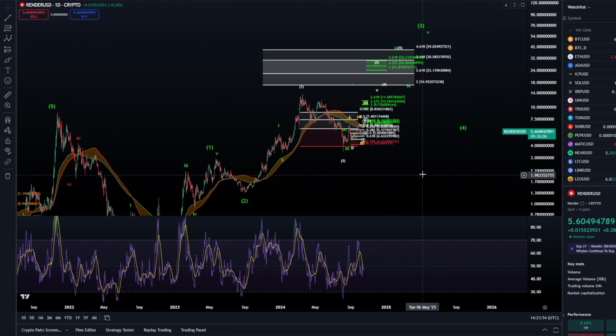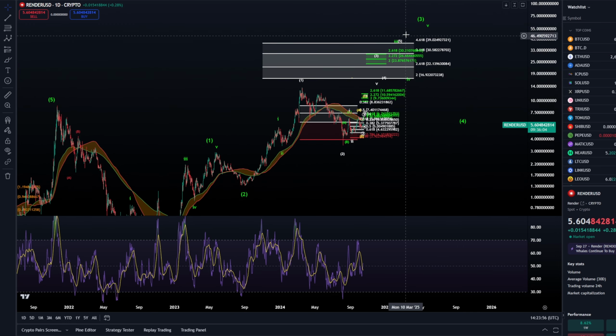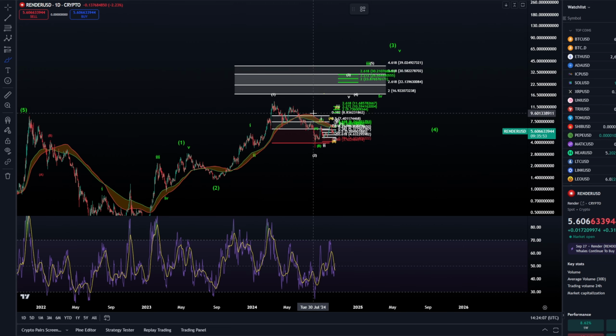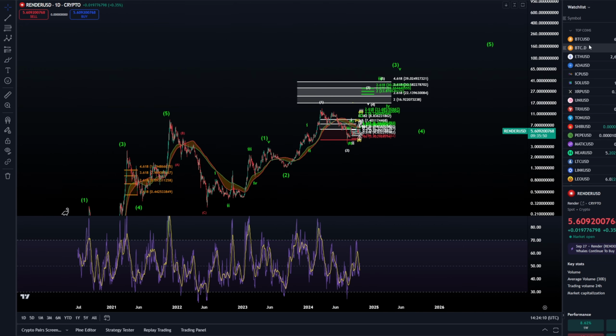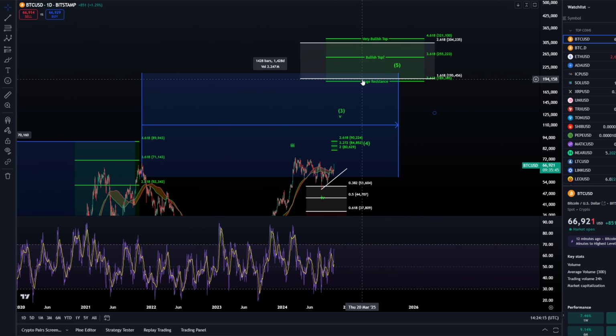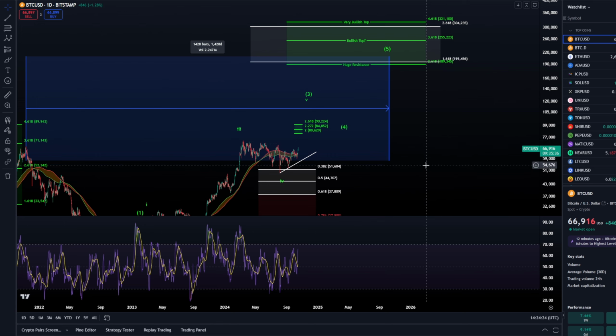I mean, theoretically, we could get to even a market cap of around 40 billion. And honestly, that would not be the most unrealistic thing, because I'm still expecting Bitcoin to hit about 200k in this cycle and get to maybe the 2.618 extension or maybe the 3.618 extension. And if Bitcoin gets to these numbers like here, it needs to go up another 4x from where it's at right now, which means that the market cap also needs to go up 4x.